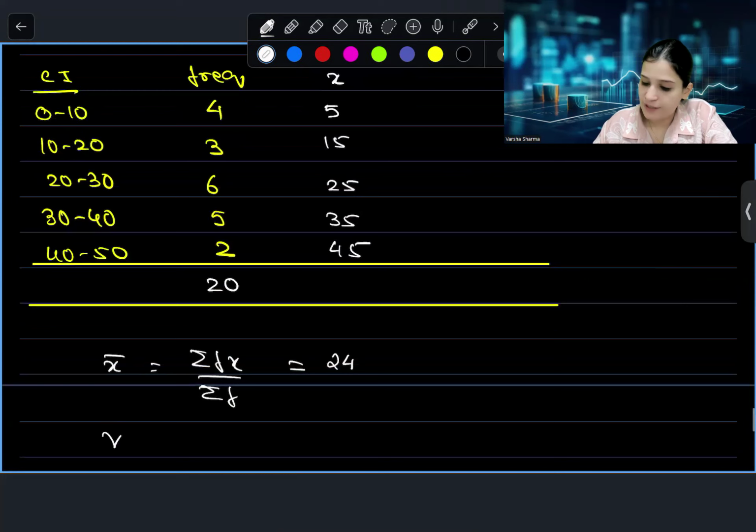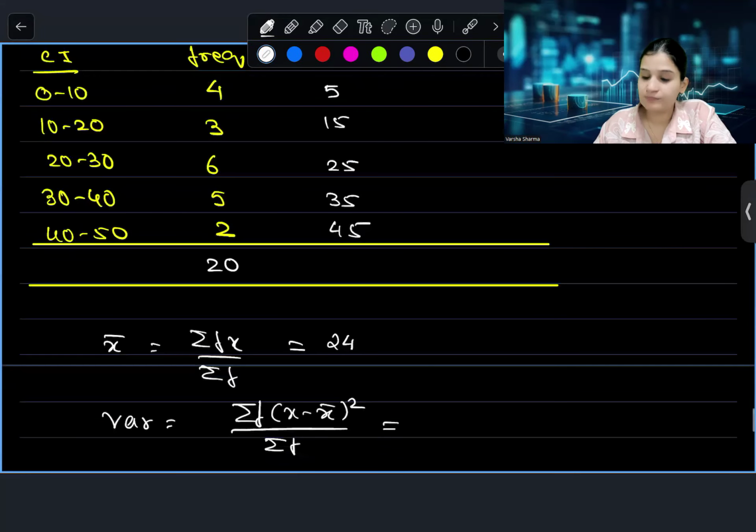Calculate variance, into frequency by sum of frequency. 159.